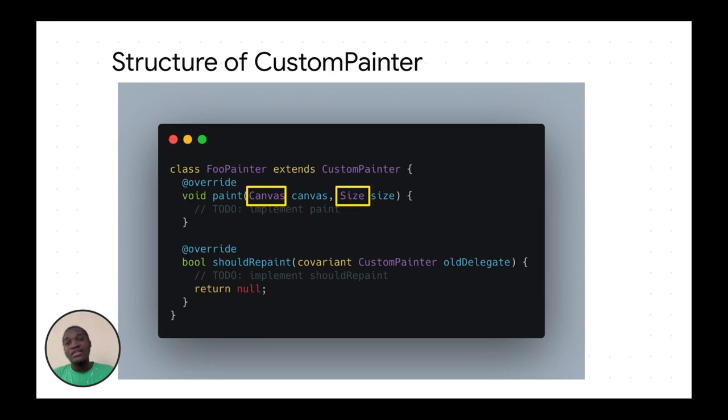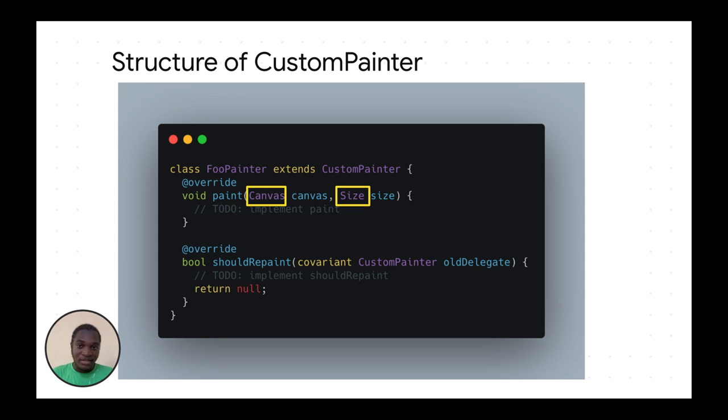The canvas is a class that provides us with a lot of methods for drawing various shapes. You want to draw a line, a rectangle, a triangle, everything, the canvas provides us with all that.